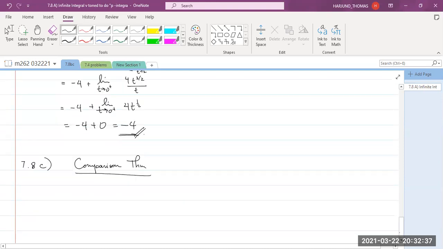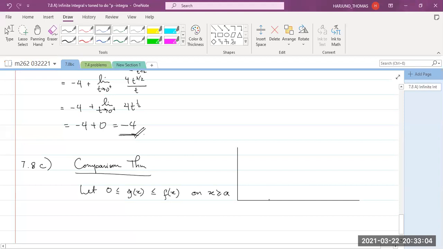Suppose we deal with a positive integrand, let 0 less than or equal to g(x) less than or equal to f(x), which means on the coordinate system, let's say this is A here. Then the graph of f(x) is always positive and above the graph of g(x). So this is our g(x) and this is our f(x).